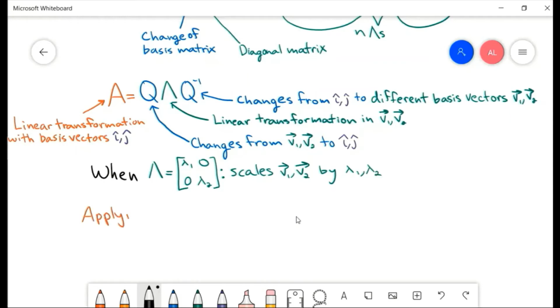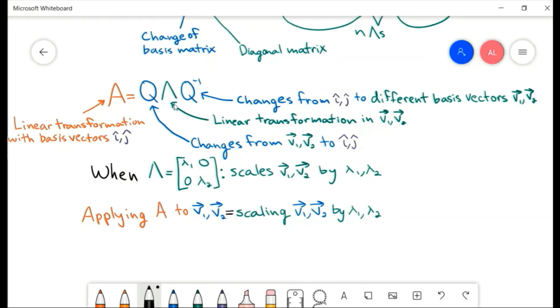Okay. But this scaling of these new basis vectors directly corresponds with the fact that in general we're scaling these new basis vectors by our original matrix A. So applying A to these basis vectors is the same thing as scaling them by lambda 1, lambda 2.